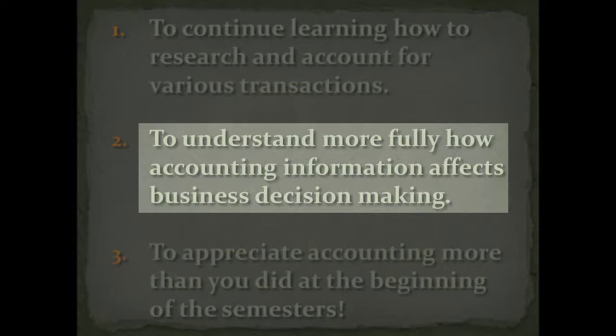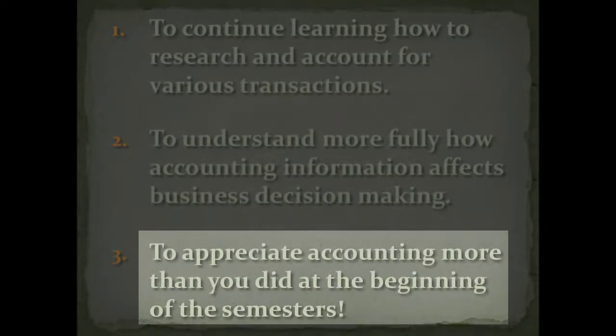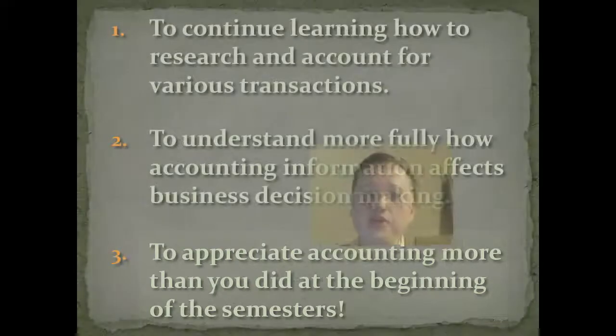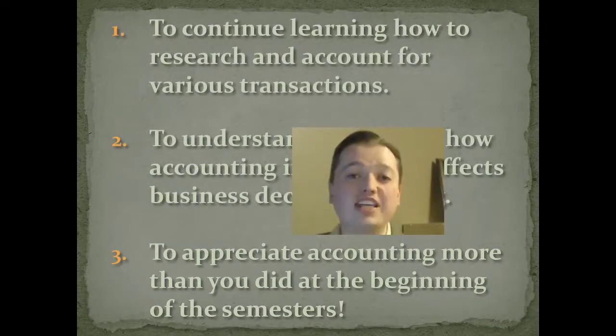After all, we've talked about all sorts of information about earnings per share, cash flows, how all of this information is important with every single set of topics we discussed. And finally, I hope you walk out of all of our intermediate accounting discussions feeling like you appreciate accounting more now than you did when you first started Chapter 1 way back semesters ago. Hopefully, you enjoy what you're doing. You may not love it like I do yet, but I hope you're starting to get there.